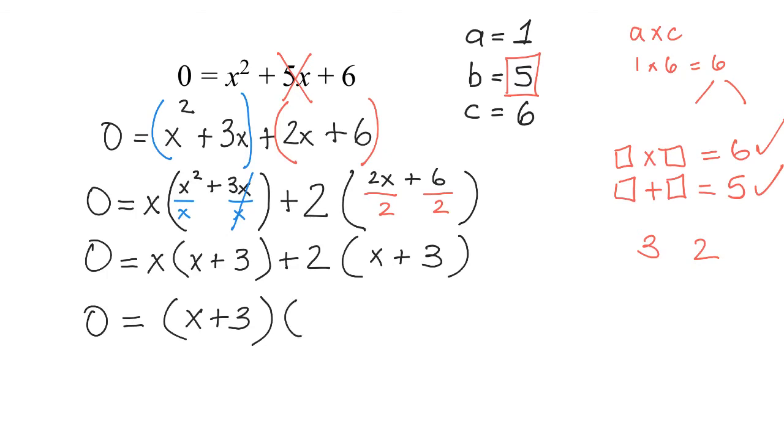Then you're going to open up a second bracket, and you are going to take the terms that are just hanging out and put them together inside this second bracket. For us, that would be the x and the plus 2. We are going to put them together and write that as x plus 2. So our final factored equation is 0 equals x plus 3, x plus 2.